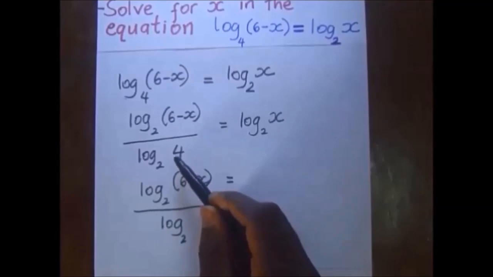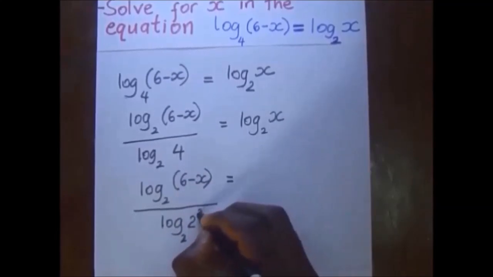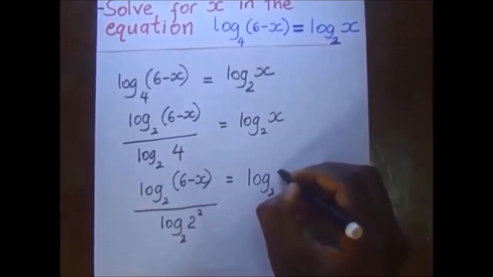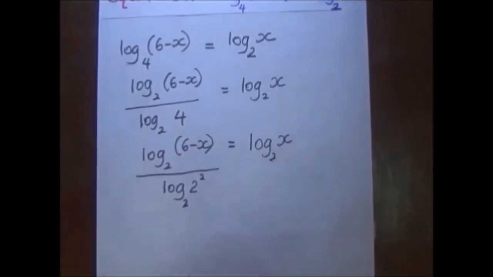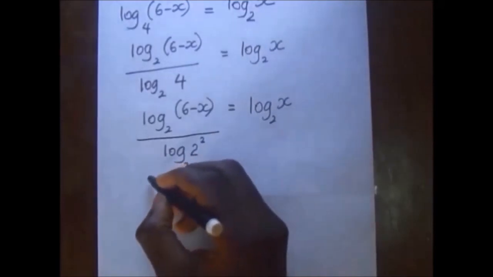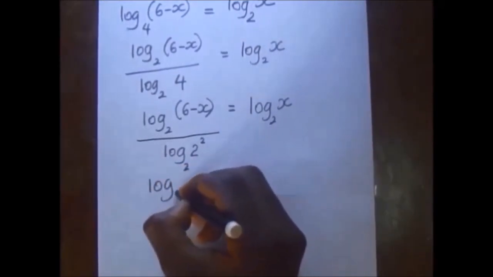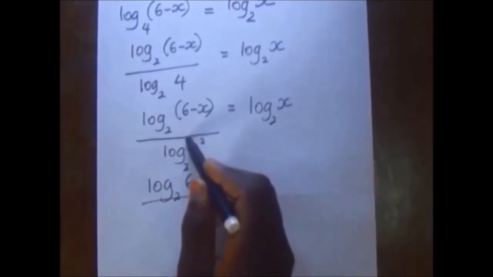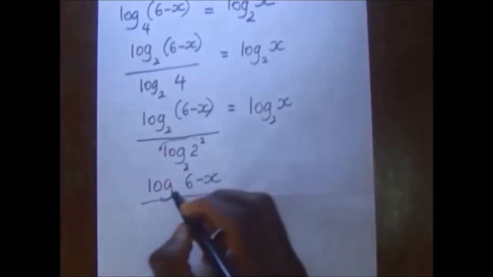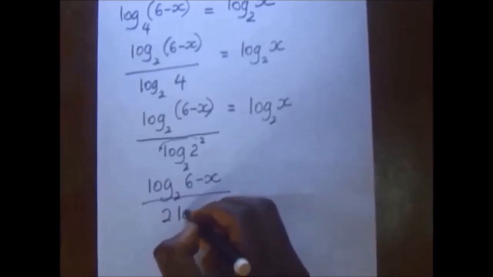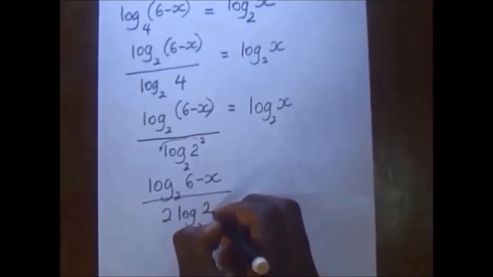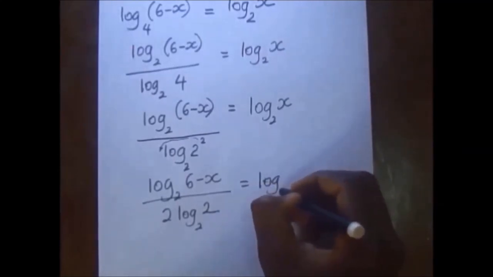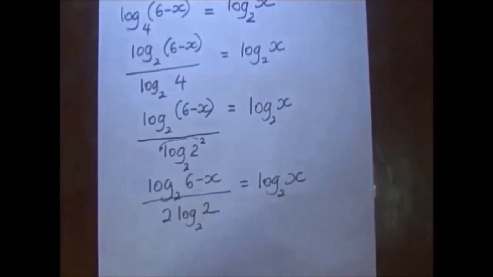Now this 4 is the same as saying 2 squared. 2 squared is equal to 4. Is going to be equal to log base 2 of x. So that is the same as saying log base 2 of 6 minus x, divided by, now this 2 comes right there, so it becomes 2 log base 2 of 2, is going to be equal to log base 2 of x.